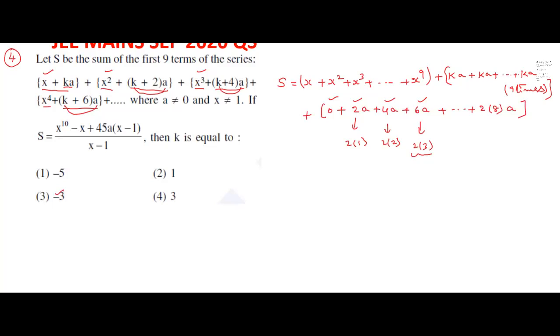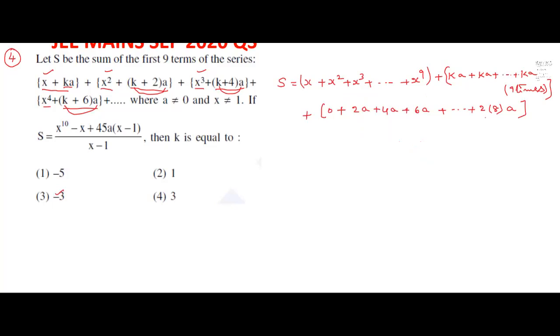Students, do you understand? 1, 2, 3, 4, this is the fourth term. Fourth term means here 2 into 3. Ninth term means 2 into 8, all right? So finally, we have identified the 9 terms.